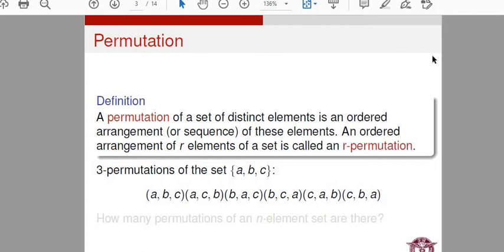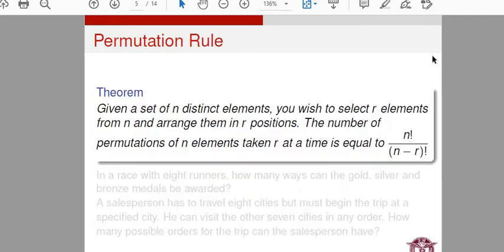Take the permutations of the set ABC. Right, so we have A, B, C; A, C, B; B, A, C; B, C, A; C, A, B; C, B, A. All these are permutations. If we have three elements, we have a total of 6 permutations. Let's calculate by the permutation rule.